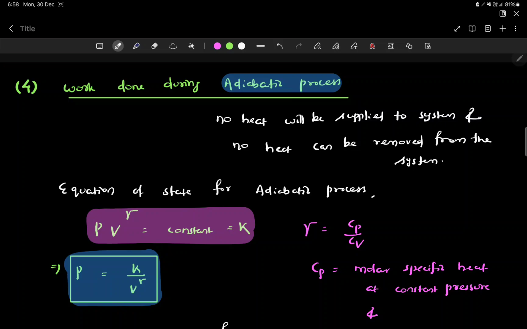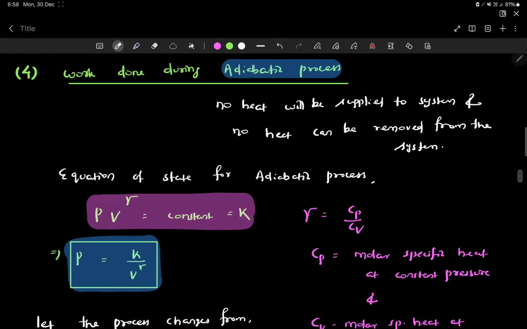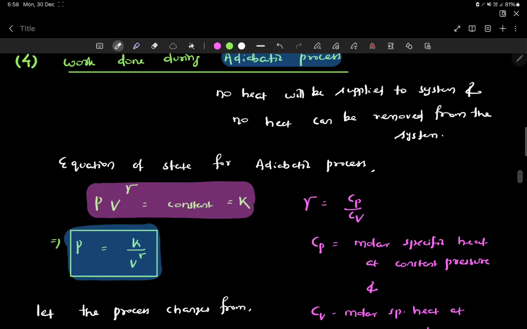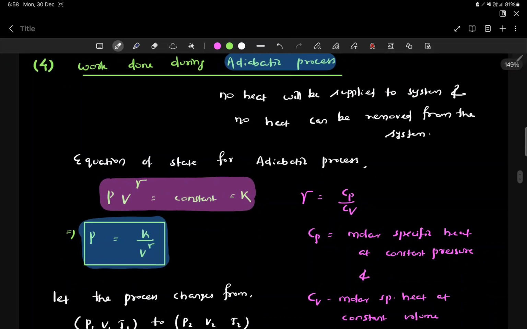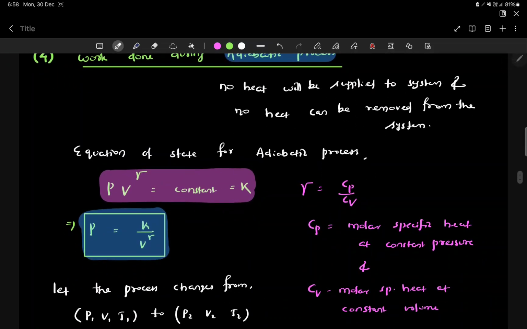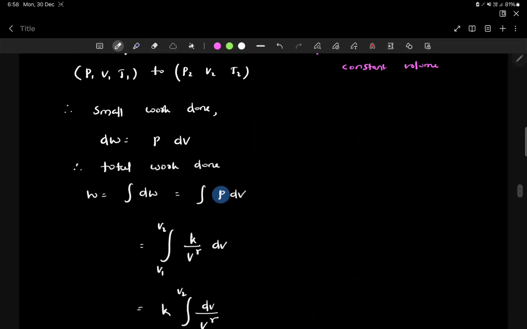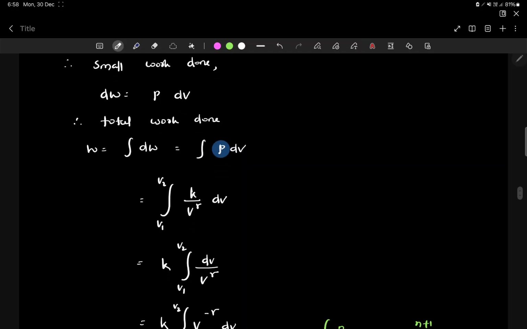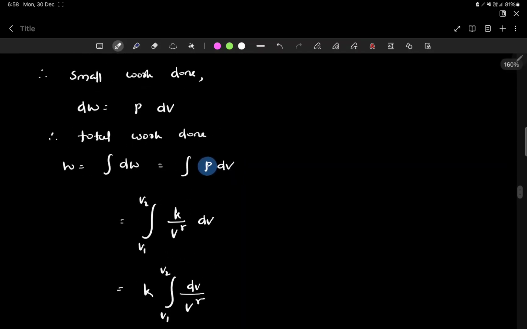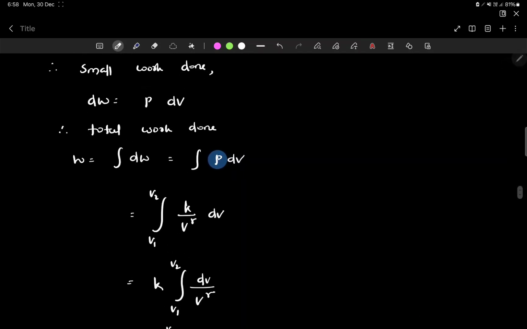Work done during adiabatic process. So take the screenshot. Okay, so what is CV, molar specific heat at constant volume? Okay, this page is clear. Next, take the screenshot of this page. Work done will be this one.